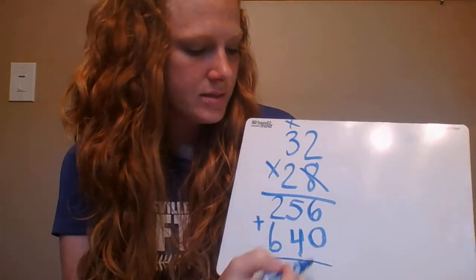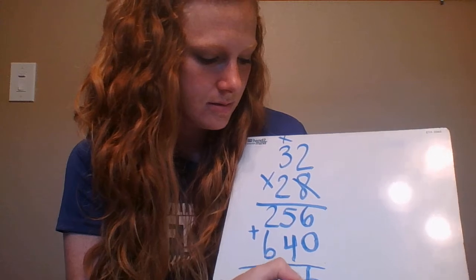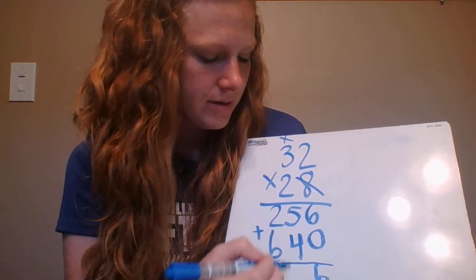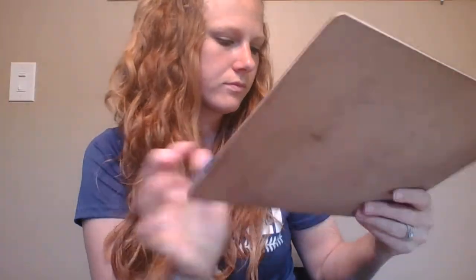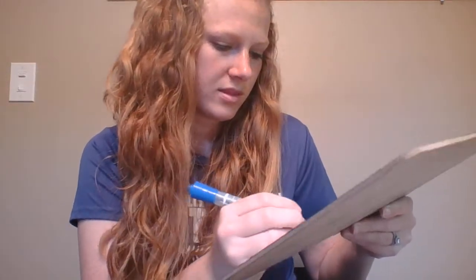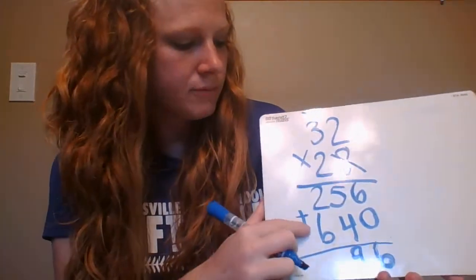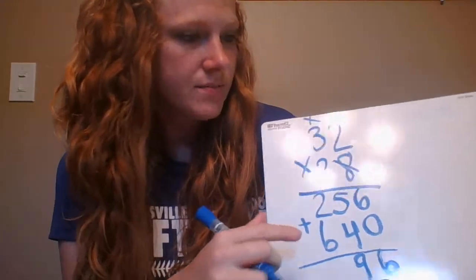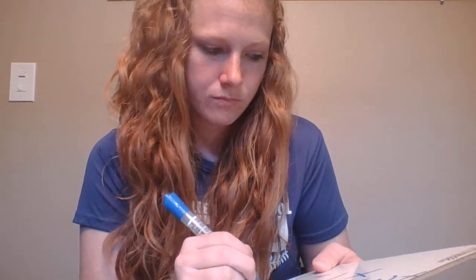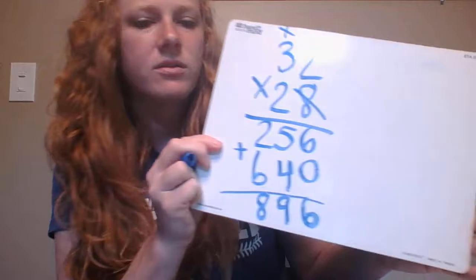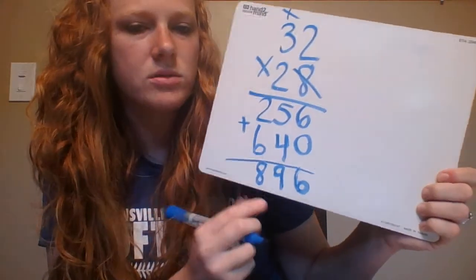So we have 6 plus 0, 6 más 0, which is 6, or 6. 5 plus 4, 5 más 4, which is 9. I'm writing sideways. And then 6 plus 2, 6 más 2, which is 8, or 8. So our final answer is 896. So in Spanish, that would be 896.